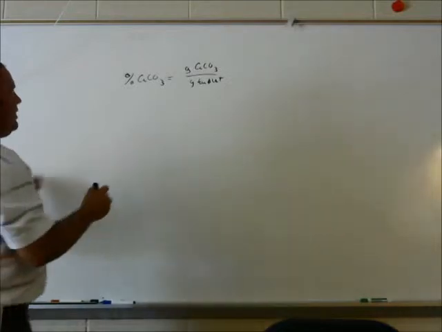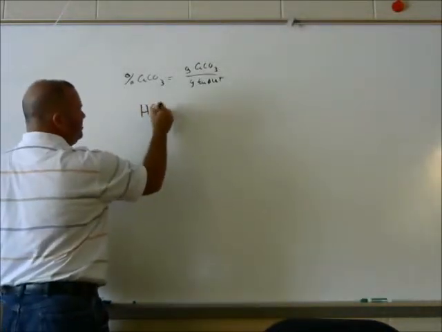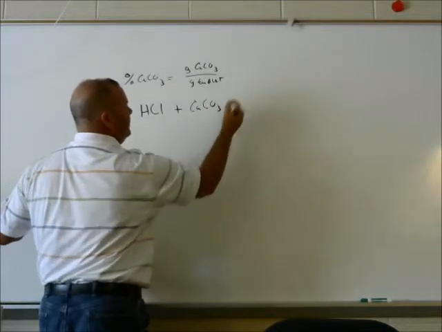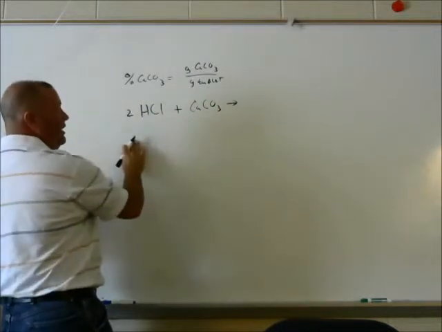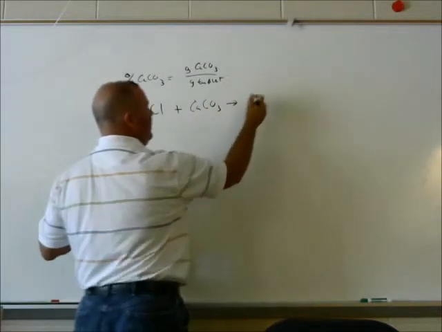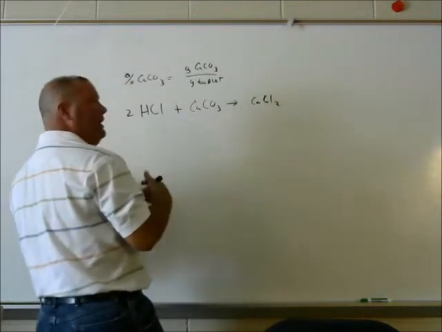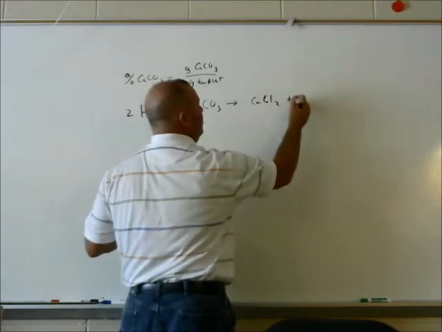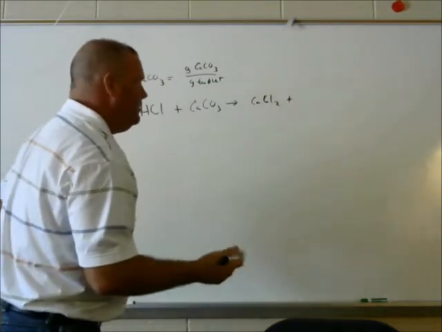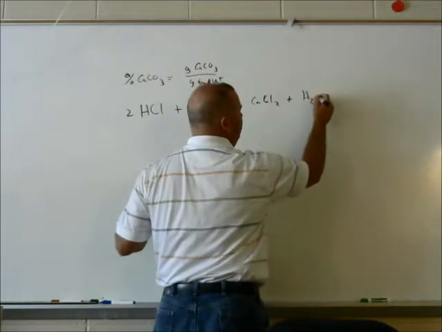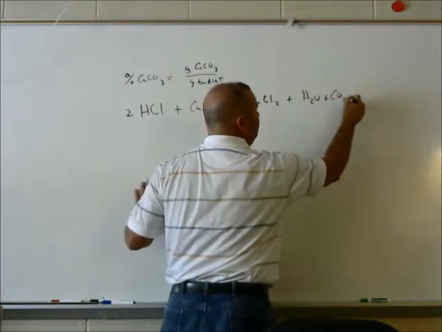So the first thing we want to look at is, of course, the reaction between HCl and calcium carbonate, which should require 2 HCl's and 1 calcium carbonate. So we get calcium chloride, which would be our salt, as well as H2CO3, which is carbonic acid, or hydrogen carbonate, and that automatically becomes water and CO2 gas.